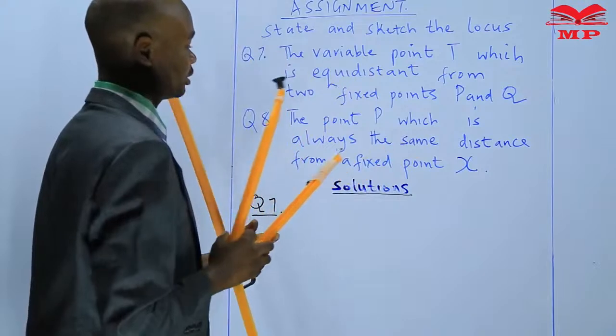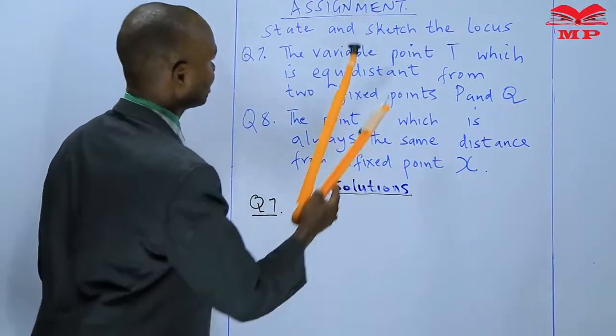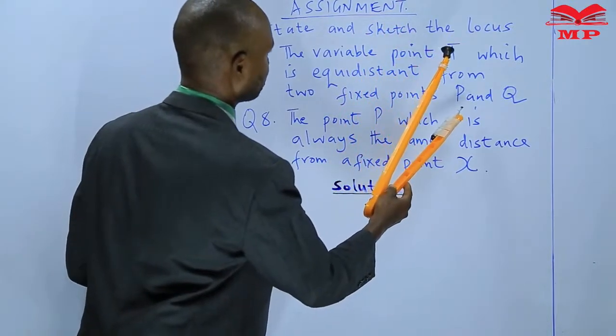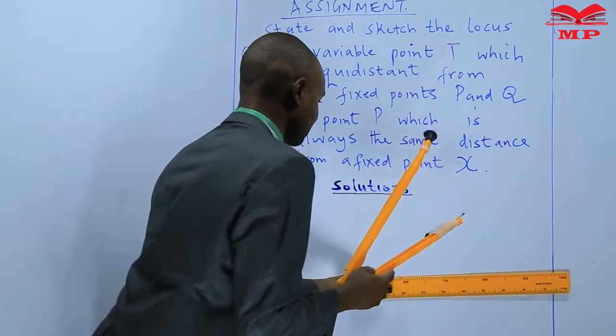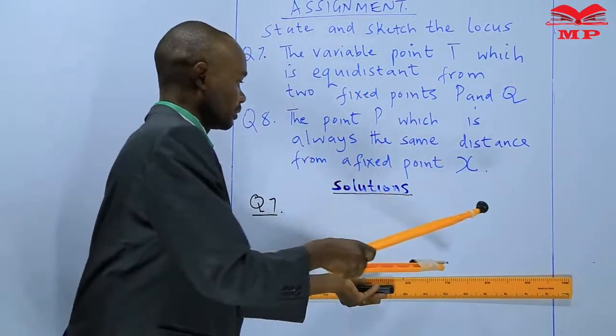The first thing you do, you have the point, a variable point t. So there are 2 points P and Q. So first of all, draw a straight line.